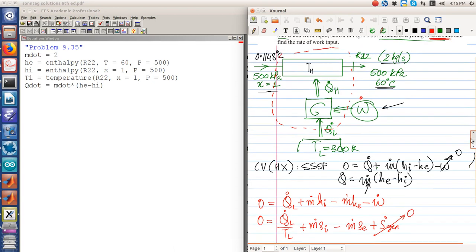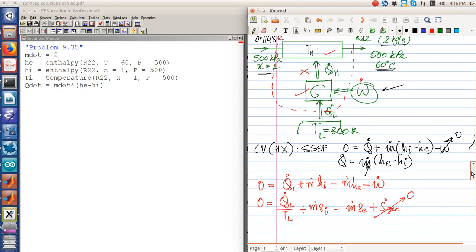See, the whole business of QH has vanished, because whatever QH was absorbed by this is rejected by this. So QH is only an internal heat transfer between the heat exchanger and the heat pump. Because we have taken the control volume inclusive of the heat pump and the heat exchanger, this QH has vanished from our calculation.